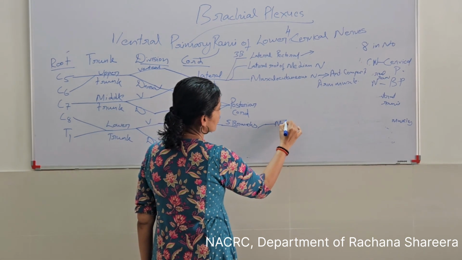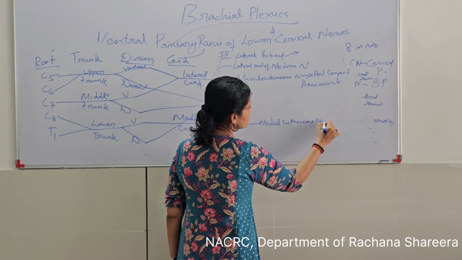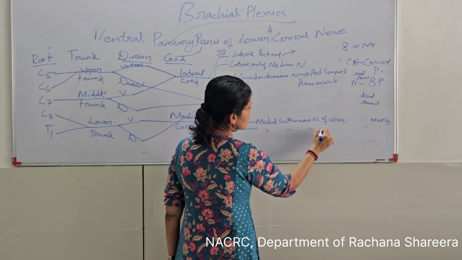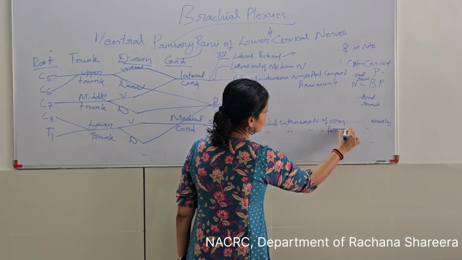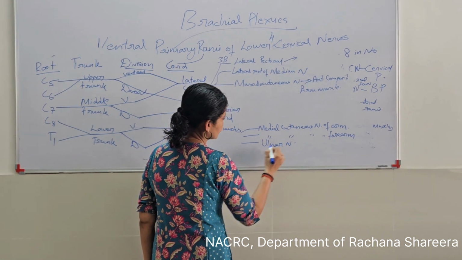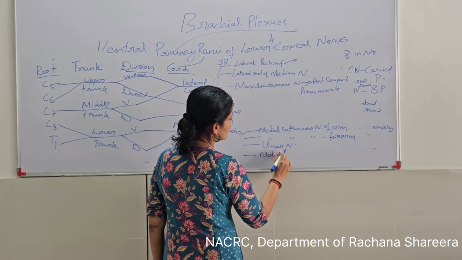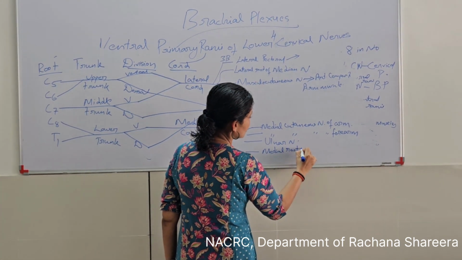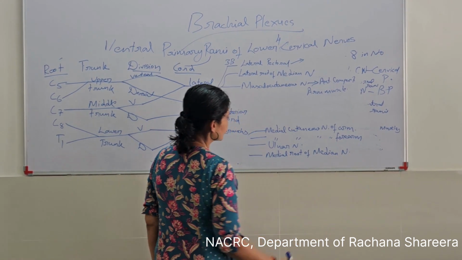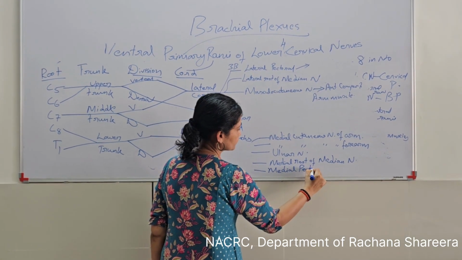They are medial cutaneous nerve of arm, then medial cutaneous nerve of forearm, then ulnar nerve, next medial root of median nerve, and medial pectoral nerve.